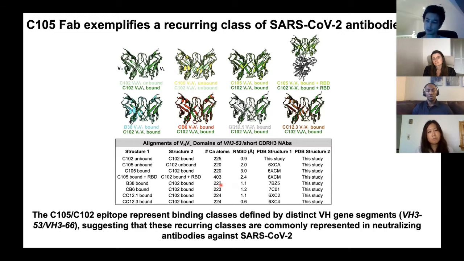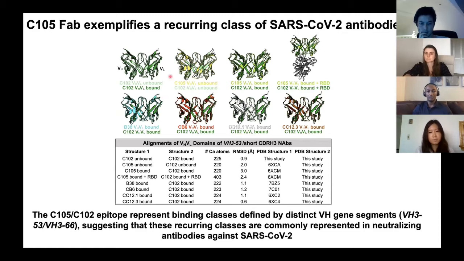And so now we have these 2 antibodies, C102 and C105. And what's interesting is that we and others also identified other antibodies that all have the same V gene usage. So what we figured out was that this class of antibodies that utilizes this gene segment called VH3-53 or 3F66, they all have the same binding mode. They all look exactly the same.